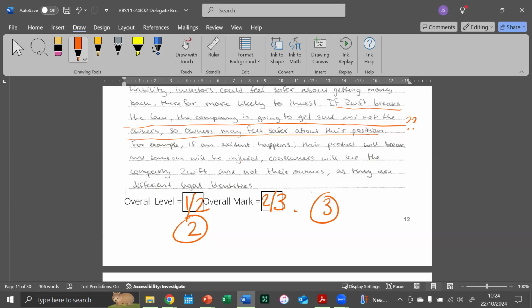So therefore, as Barbara Sanvido said, you can get into level 1 by doing nothing other than just giving a definition, really. You've really got to work hard not to creep into the bottom of level 2 on the discuss question. But then you've really got to work hard to get above 6.